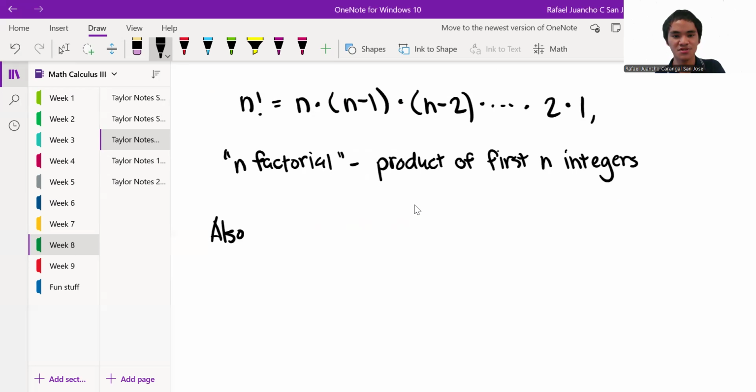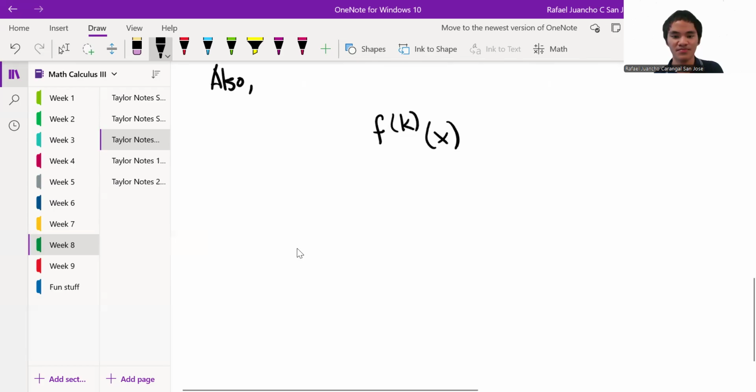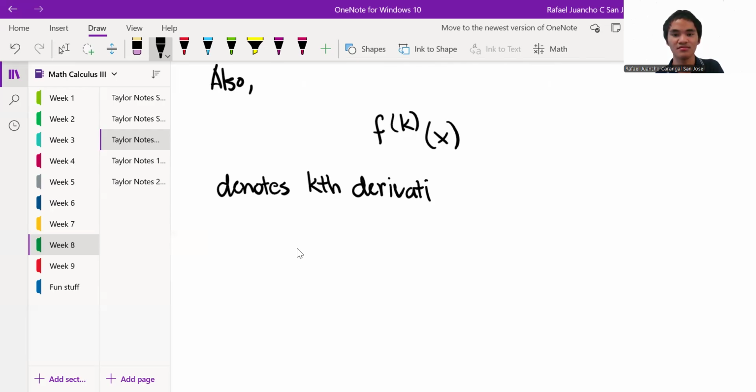Also, now let's introduce another thing. We have f^(k)(x). Now, what in the world did I just write? This denotes the kth derivative. So if I put a 1 there, that's the first derivative. In this case, we actually don't put 1 and 2 as numbers.